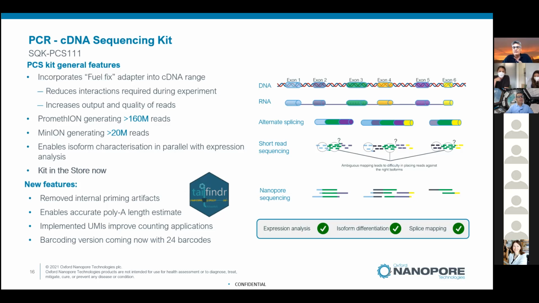The new assay actually primes off the very end of the poly A tail, so you get the full-length poly A, and there's a nice little tool on GitHub called Tail Finder, which enables you to estimate the length of that poly A tail. We have UMIs incorporated into this assay for future quantitation, and the 24 barcoding kit is going to be coming out in the next month or so at the latest.